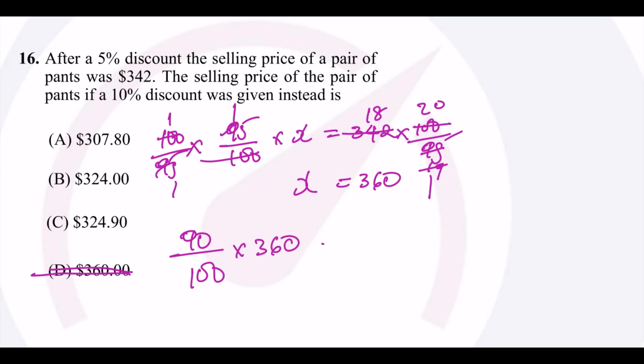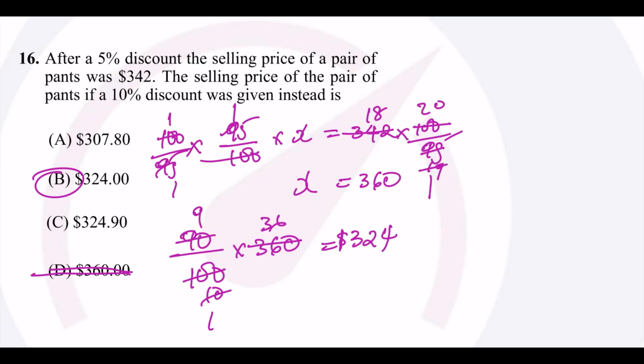And we get 10 into 90 goes 9 times, 10 into 100, that 1, then that was 36. So hence we get 9 times 36, and that gives us $324. That's one way of looking at it. So our answer is going to be B.